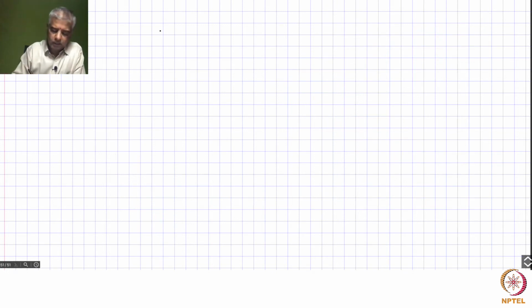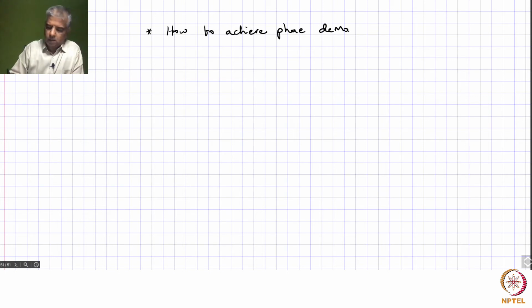So, the question is how to achieve phase demodulation. Essentially, what do we mean by phase demodulation? Whatever phase changes we want to detect, we are converting to intensity modulation.